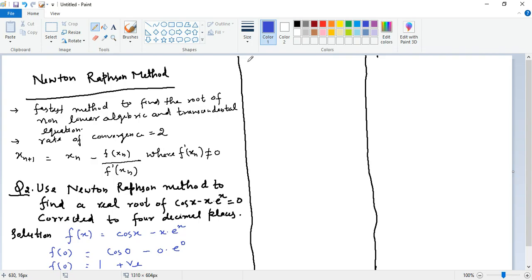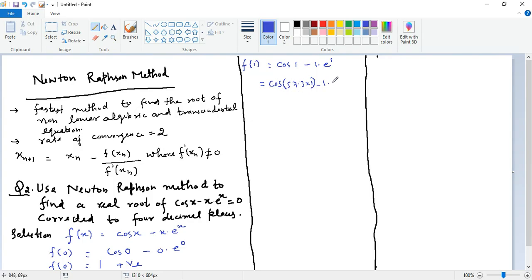Now we will put x is equal to 1, so f of 1 will be equal to cos 1 minus 1 times e to the power 1. So this cos 1 is in radian, and we have to convert this radian into degree. So we will multiply this 1 by 57.3, because we have to convert this radian function into degree.